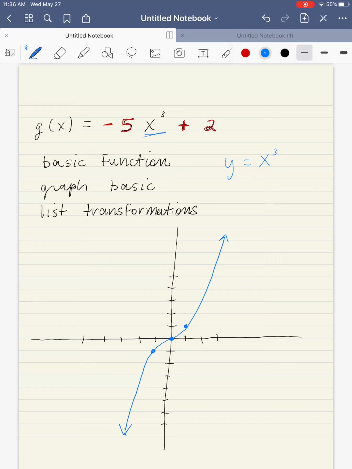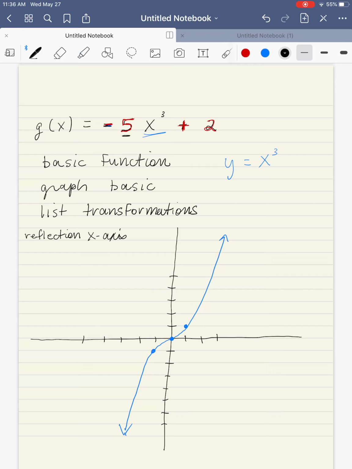Then I list my transformations. The negative, this first negative, is outside of the function. That is a reflection, changing my y so that it is over the x-axis. Then I have the 5. That is multiplying by x cubed. 5 is more than 1. And be careful here.